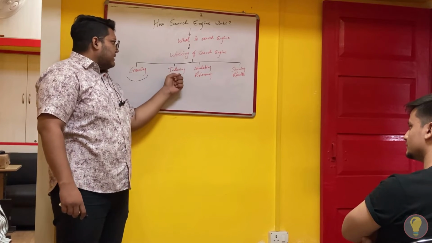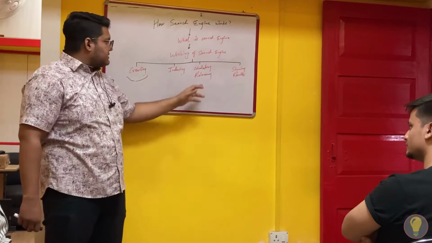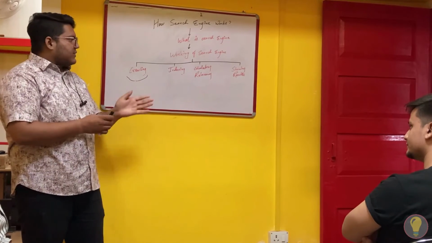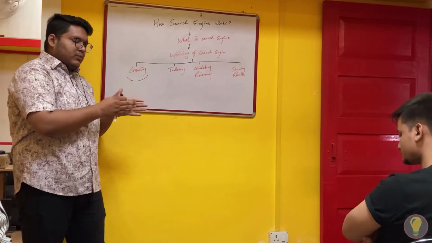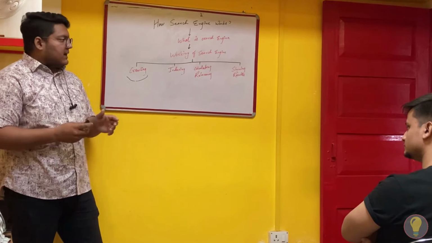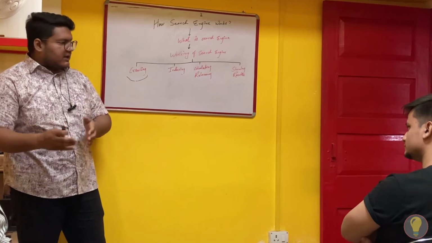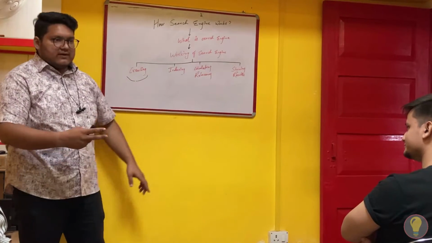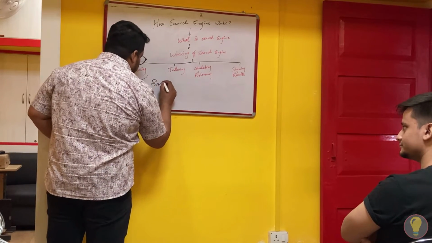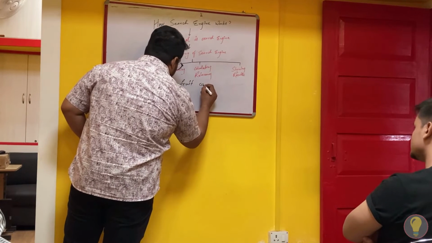After crawling and indexing, the third task that any search engine performs is calculating relevancy. Calculating relevancy is a process where the search engine finds the most relevant content for the queries generated by users. Like when we search a query like baking fruit cake, the search engine finds the most relevant content by dividing the keywords: baking, fruit, cake.